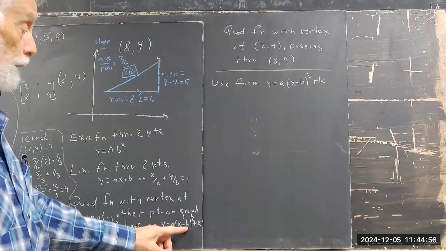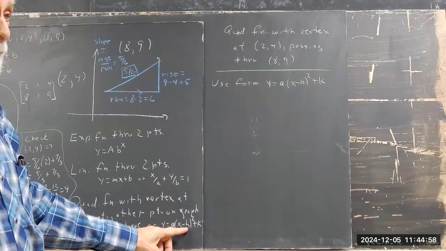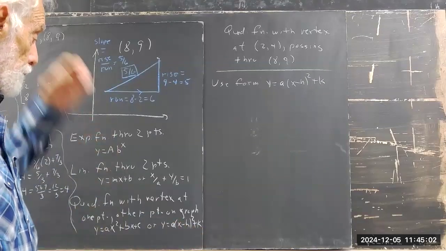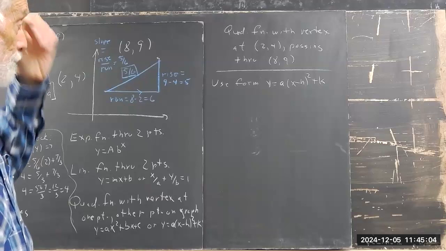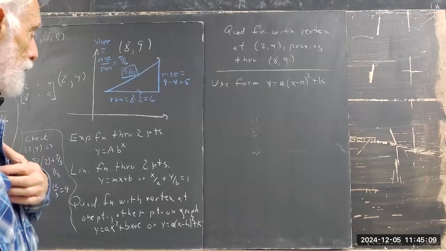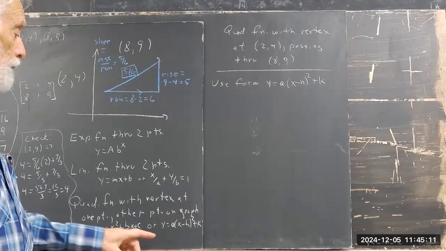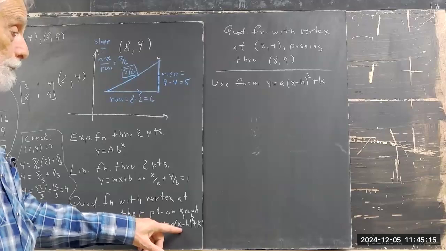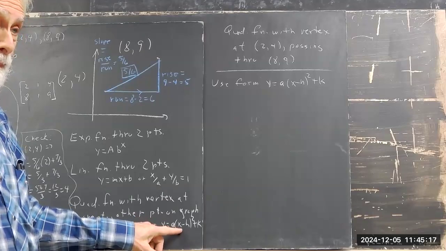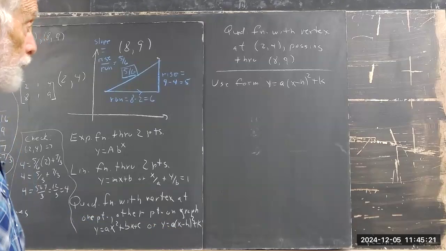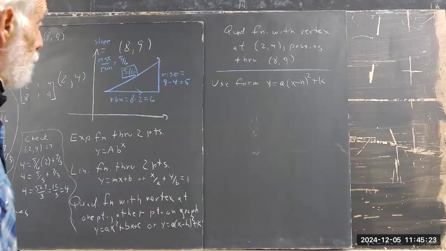Do you know h? Well, yeah, h, k, these are the coordinates of the vertex. Okay. So now we know the coordinates of the vertex, and we only have to substitute the coordinates of the second point to solve for a. Okay, let's see how that works.